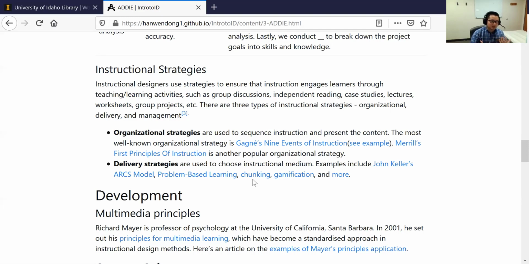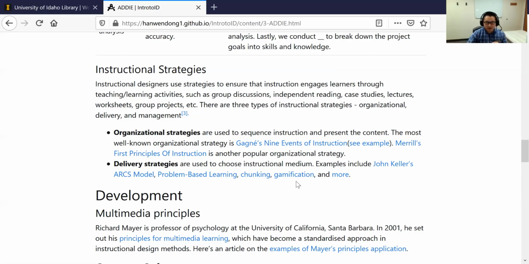A lot of times in a face-to-face class, there might be a 1 hour lecture, but if we just record the instructor giving the lecture and then post that 1 hour video online, that might not be very effective, as a lot of students might just lose focus after a couple minutes. So chunking is a good strategy. You can chunk your content into bite-size, smaller pieces for them to better absorb.